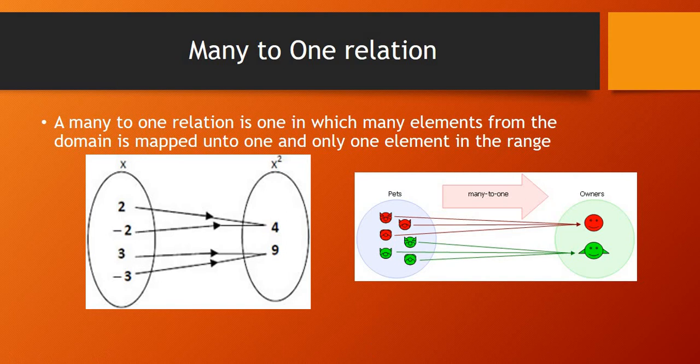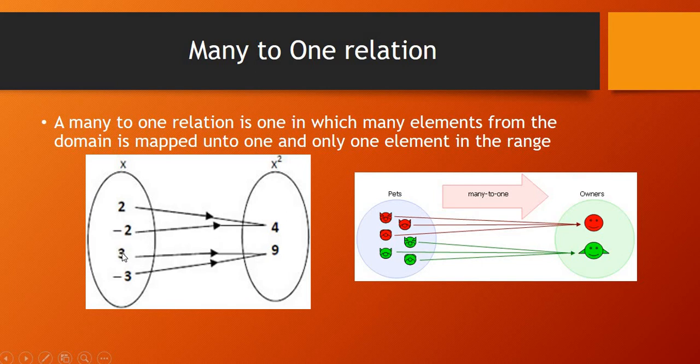Many-to-one relation. A many-to-one relation is one in which many elements from the domain are mapped onto one and only one element in the range. So here, if you look closely at my first diagram, you have +2 and -2 being mapped onto one element in the range, which is 4.